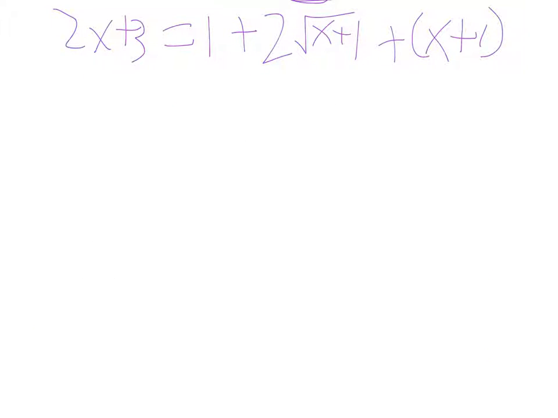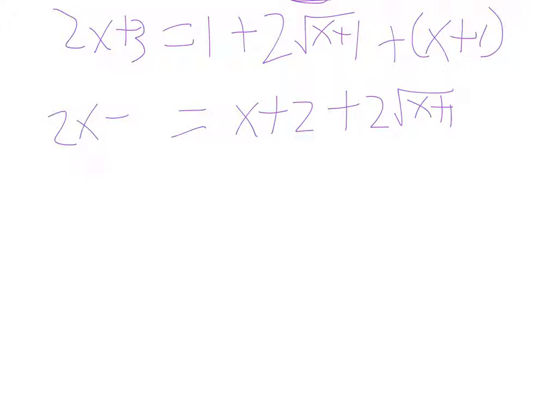So now, if we simplify the right hand side, that would give us x plus 2 plus 2 square root of x plus 1 equals 2x plus 3. So now, if you get the non-square root terms on the other side, subtract positive x, subtract 2 from both sides.